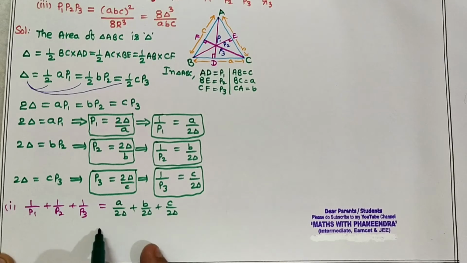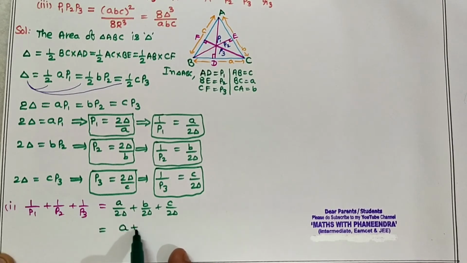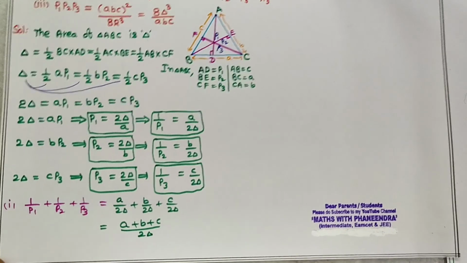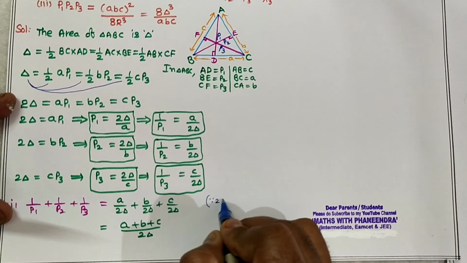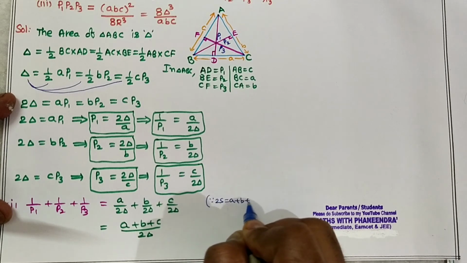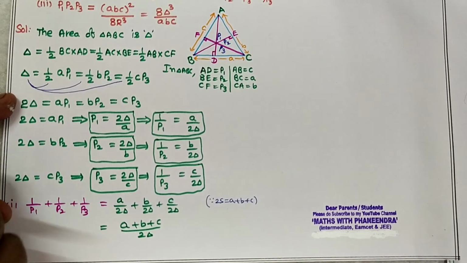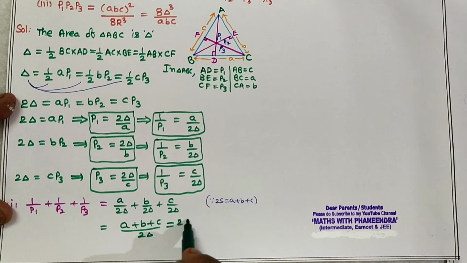The LCM is the same, 2 delta, so we can write it as A plus B plus C by 2 delta. As we know, 2S is equal to A plus B plus C, so we can write it as 2S by 2 delta, which is equal to S by delta.